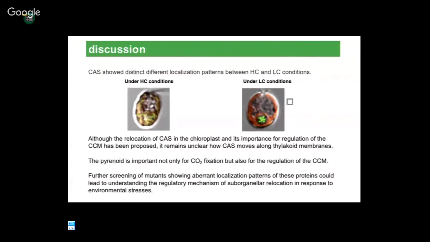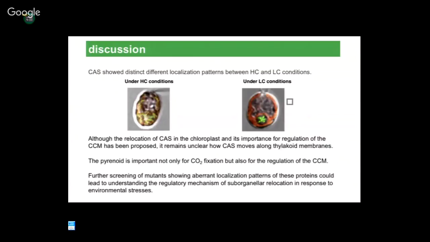So we assume that bicarbonate can also be supplied through the luminal side, and the CAS protein can be not a transporter itself, but a player that detects the CO2 level inside the pyrenoid.